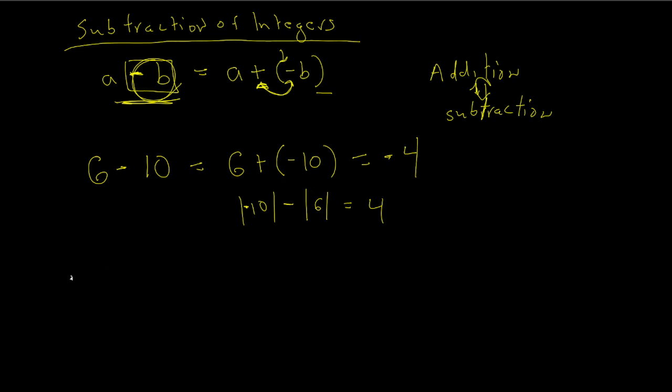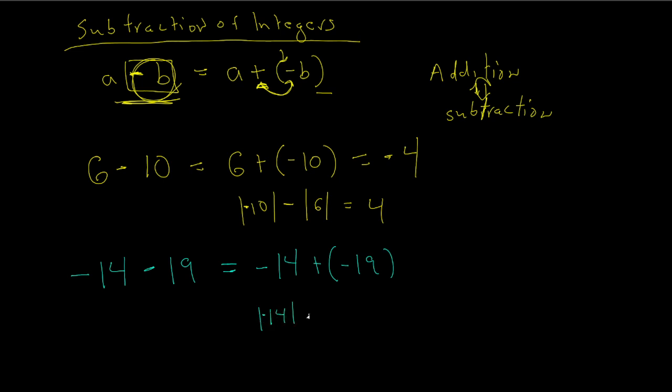I could have negative 14 minus 19. So I'll rewrite this as an addition: negative 14 plus the opposite of 19. Well, I have the same signs, so I add the absolute values.